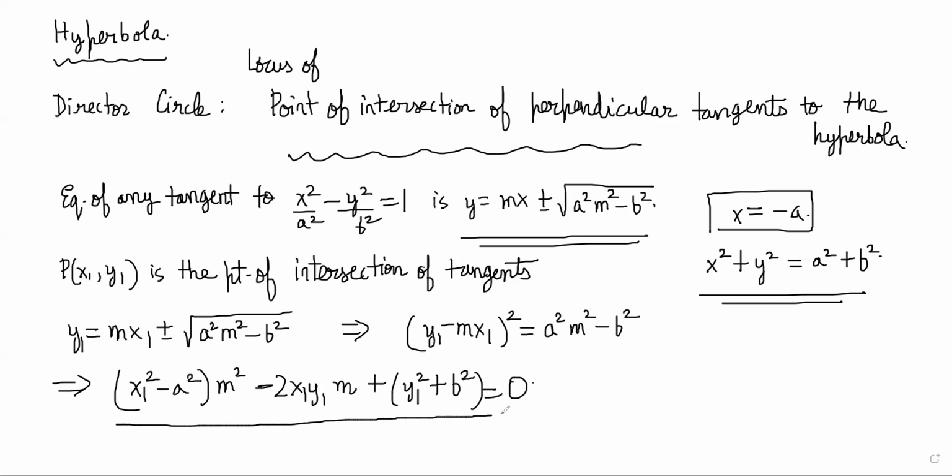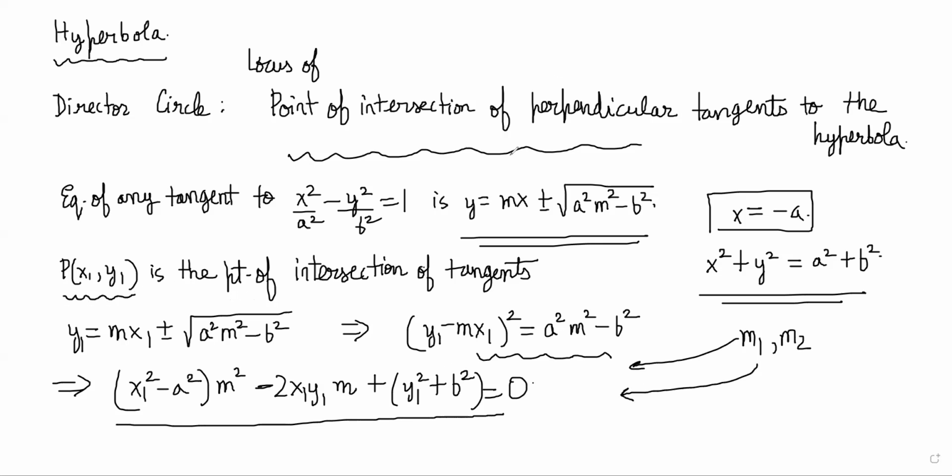This is after simplifying this expression, we get a quadratic in m. Now, if it is a quadratic in m, it can have two possible roots. And since it has two possible roots, those roots will be the slopes of the two tangents. So m1 and m2 are the two possible slopes of the tangents that can be drawn from P x1, y1, right?